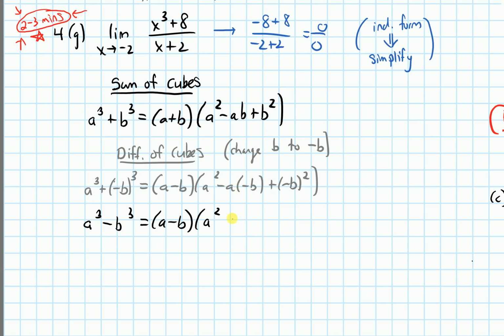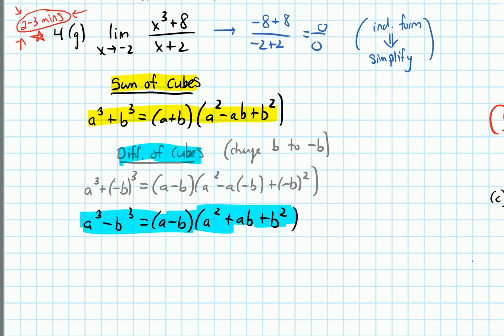The double negative becomes a positive, so plus ab. And when you square negative b, the negative goes away, because a negative times a negative is positive, so we get plus b squared. Okay, so sum of cubes is this formula right here. Difference of cubes, after we simplified it, is this formula right there.